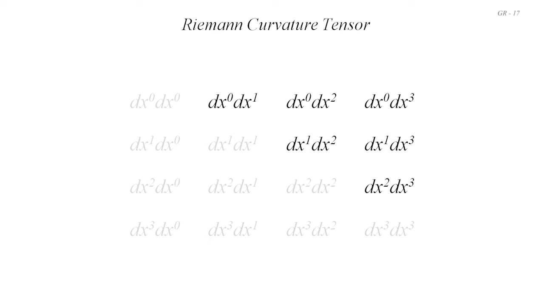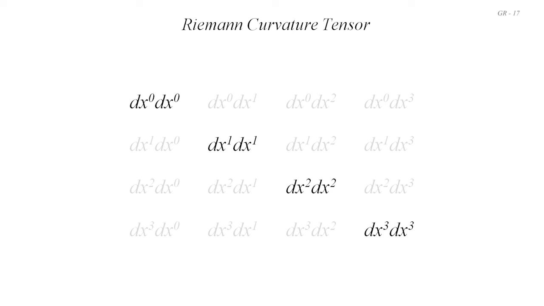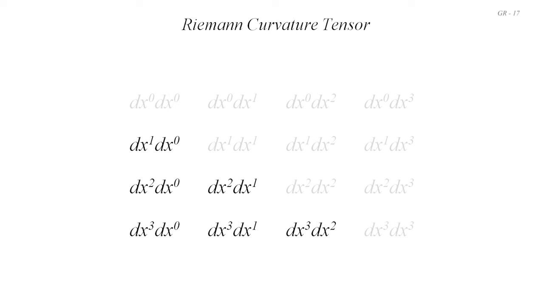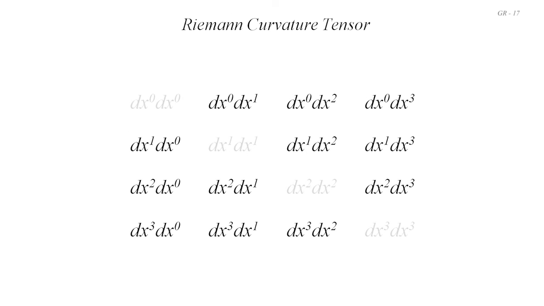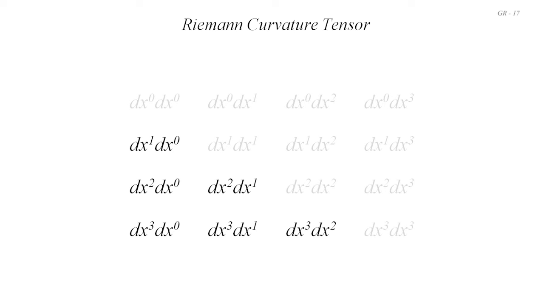You can also see that these 4 diagonal ones might be thought in some ways to be less meaningful. They're not really loops, being forwards and backwards along the same line. Also, these bottom 6 are in some ways duplicates of the top 6, just going around the loops in the opposite direction and therefore getting the negative of those values for the changes in the vector components.